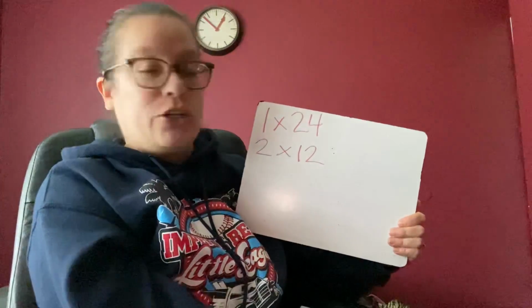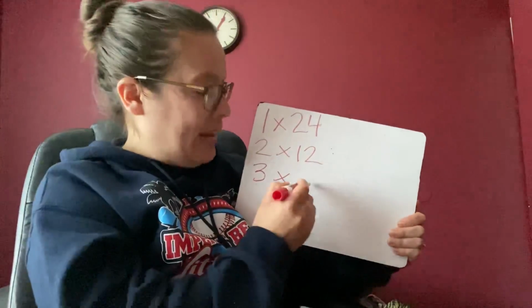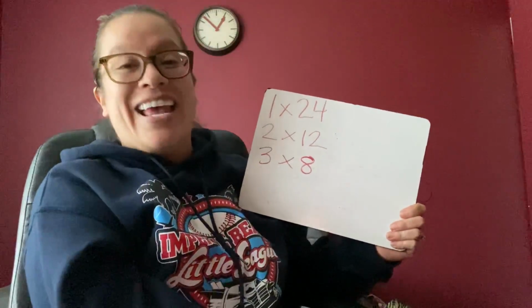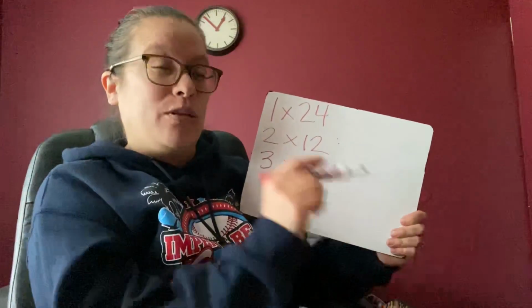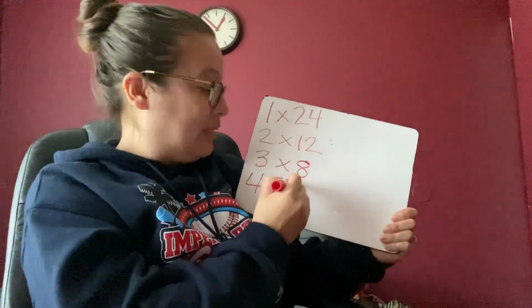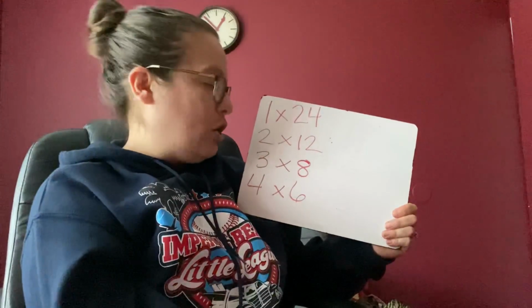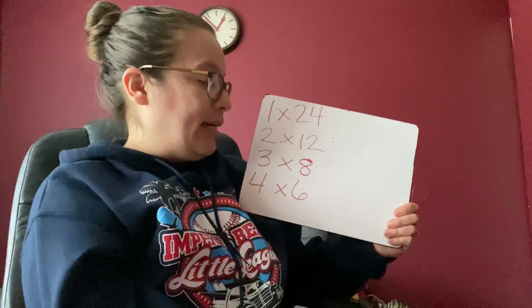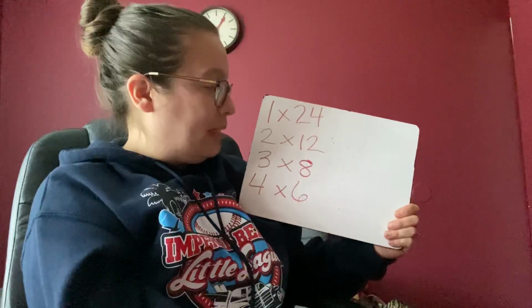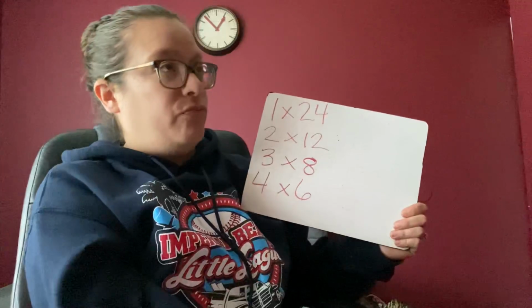3. Is 3 a factor of 24? Yes, it is. You multiply 3 by 8. Great job. Is 4 a factor of 24? Can you multiply 4 by something to get 24? You sure can. 4 times 6. Those are factors. Is 5 a factor of 24? No. 6, we already have 6 here. 7, no. 8 right there. 9, 10, 11, 12, we already have 12. 13, 14, 15.